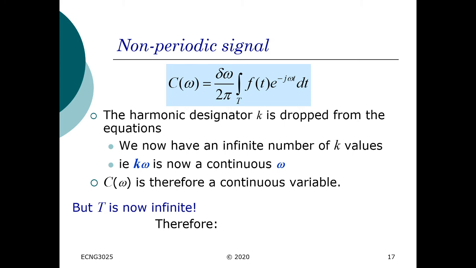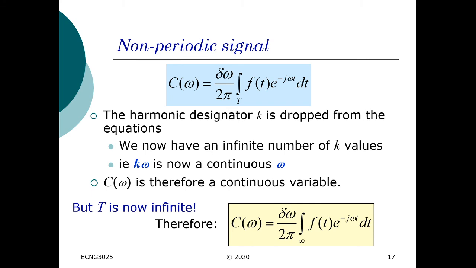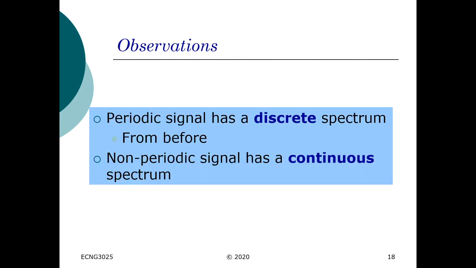So therefore, in the equation, we just put the limits for the integral as infinity. So observing this, what happens is that a periodic signal has a discrete spectrum, as we saw from all the previous slides and all the previous discussions. But for a non-periodic signal, the spectrum is going to be continuous.